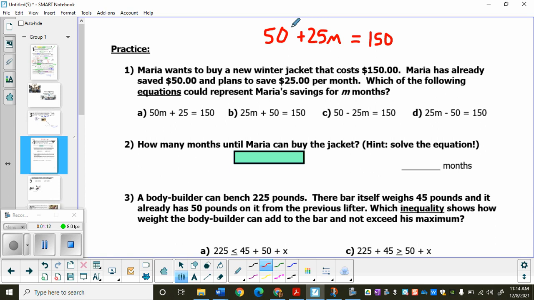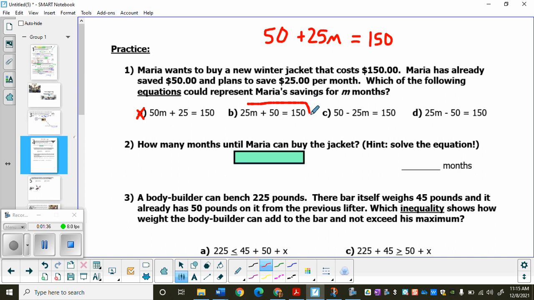So we're looking here for a constant of 50 and a coefficient of 25 with the m. This one shows 50m, and we know 50 should be the constant, so it's out. Now B shows 25 per month that she saves, plus the 50 she's already saved, for a total of 150.